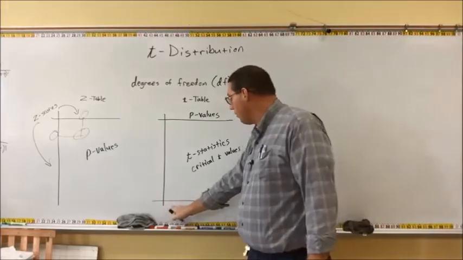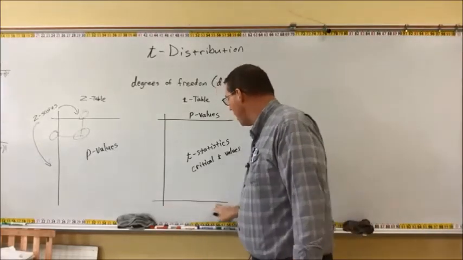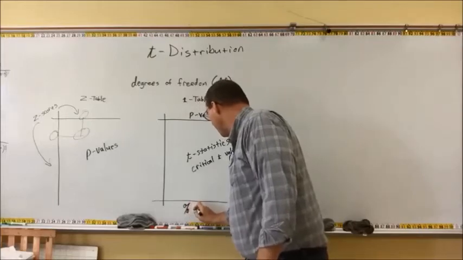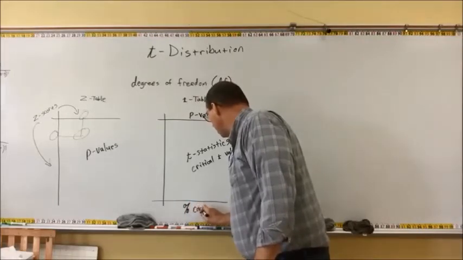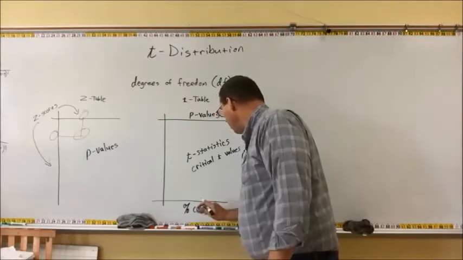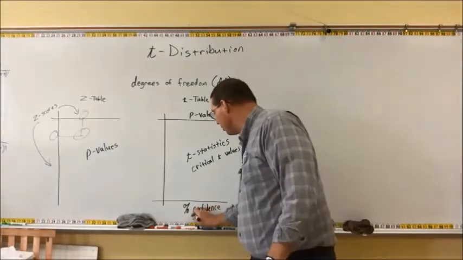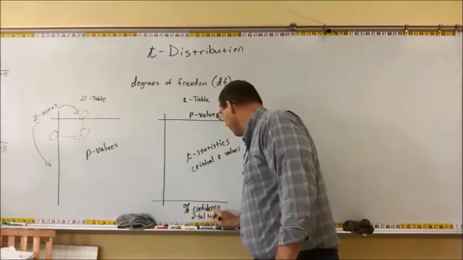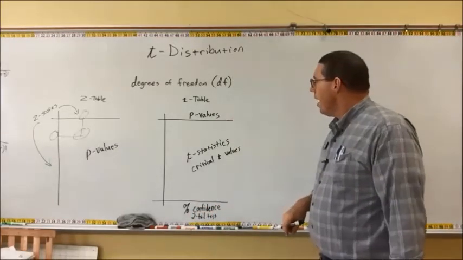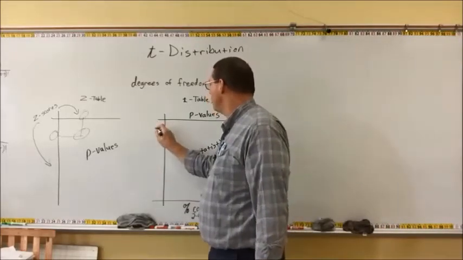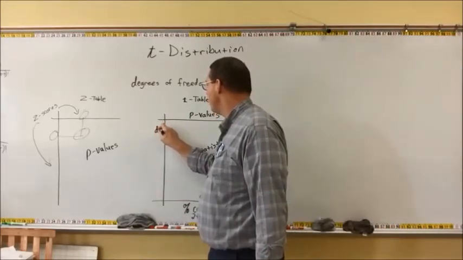Now, across the bottom are some percentages, and the percentages across the bottom are the percentages of confidence, assuming a two-tail test, okay? And then over on the left side, we have what are called degrees of freedom, DF.